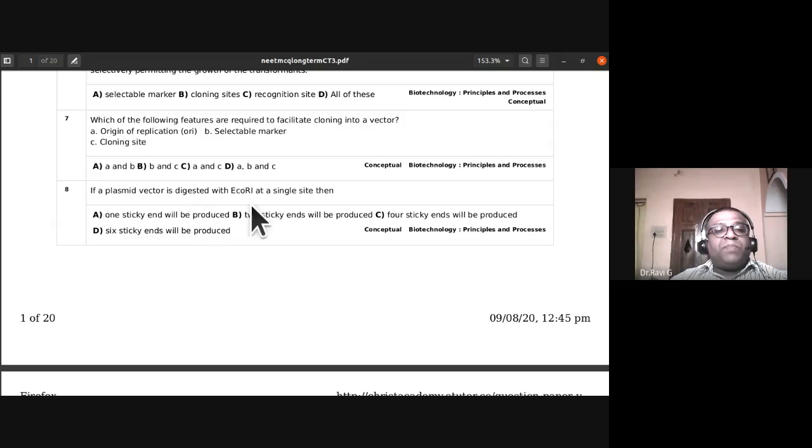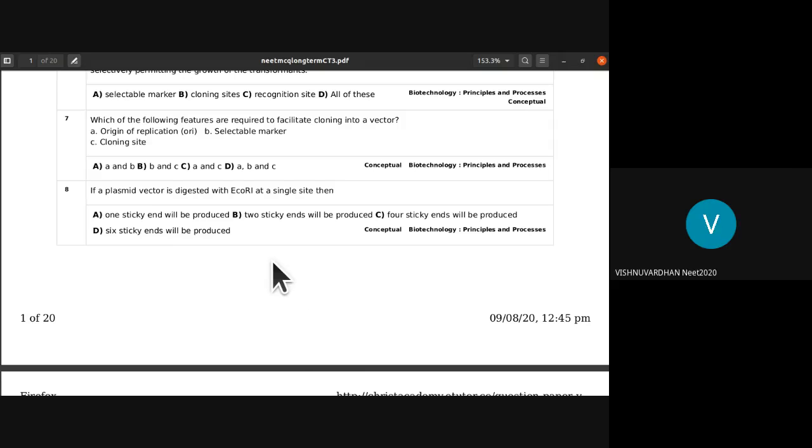If a plasmid vector is digested with EcoRI at a single site, then one sticky end will be produced, two sticky ends, four sticky ends, or six sticky ends? How many sticky ends are produced? Four, sir. Two, sir.